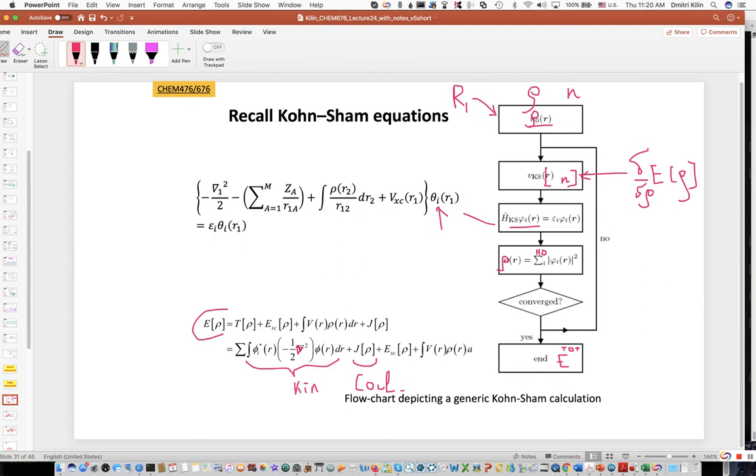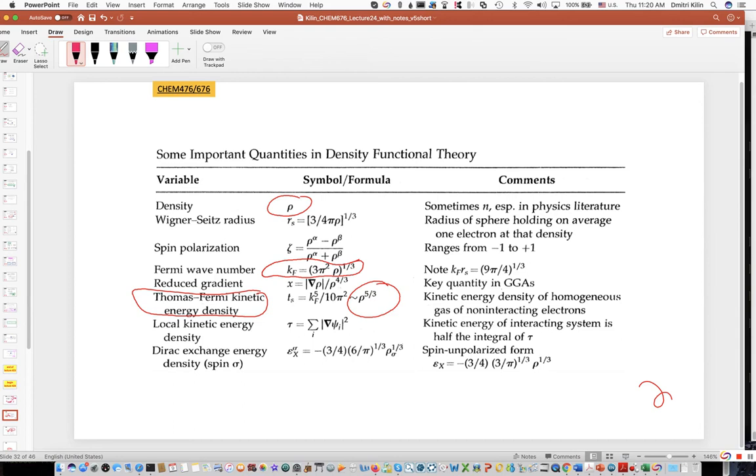Then there is interaction with external potential, basically interacting with ions, and then another part of electron-electron interaction, the exchange and correlation, are stored in this symbol, and a lot of authors prefer to chop the total energy in these terms.